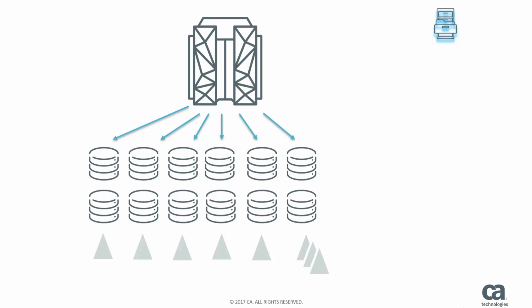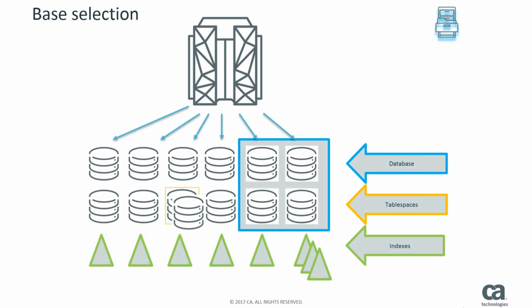Let's take a look at how it works with DB2 objects. In every site, there are table spaces and index spaces. In Stage 1, base selection specifies which objects to include in a list with the include or exclude control statement. This stage is mandatory.